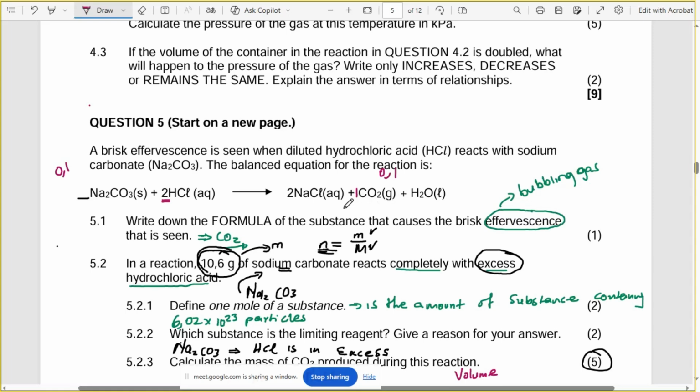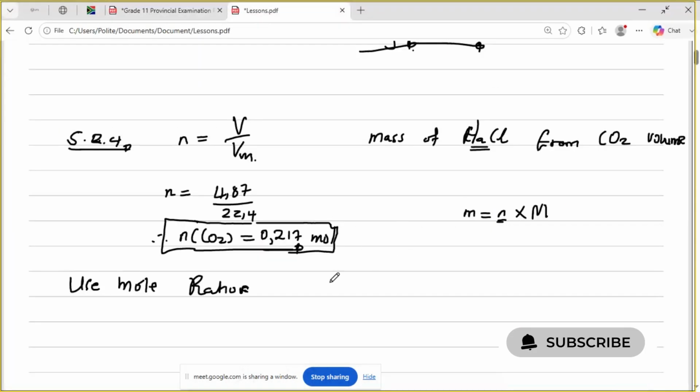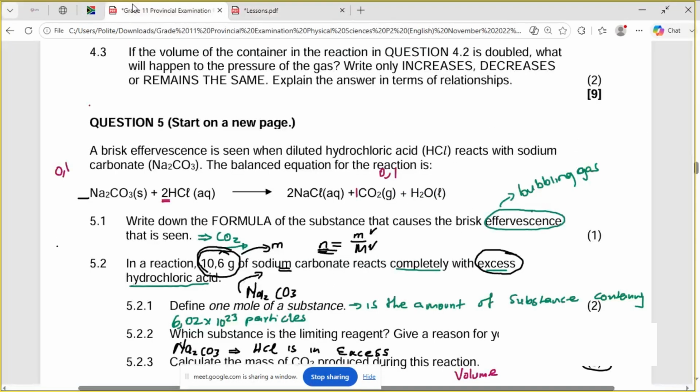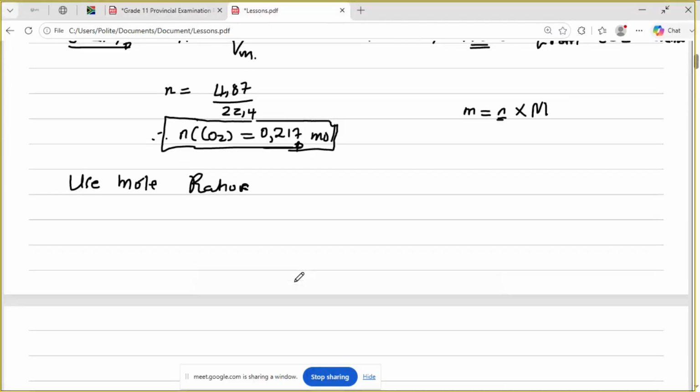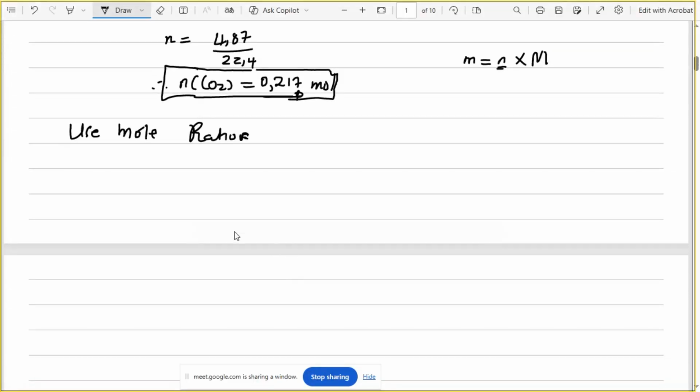Wait, I'm doing this wrong. They said sodium chloride, NaCl. This is 2 and this is 1. So the ratio is 2:1. Then I'll definitely write it here. The mole ratio for CO2 to NaCl is 1 to 2.